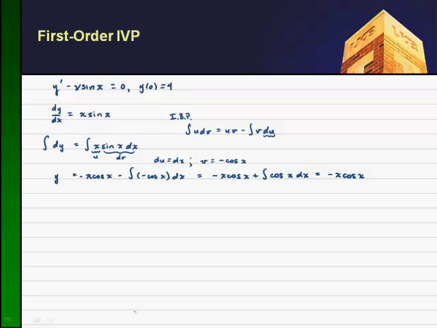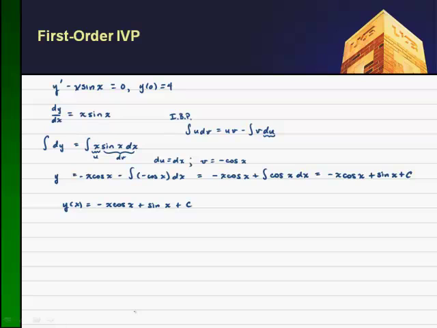The antiderivative of the cosine is the sine, so I get plus sine x plus some arbitrary constant c. So the function that I seek as the solution to this ODE is minus x cosine x plus sine x plus c.